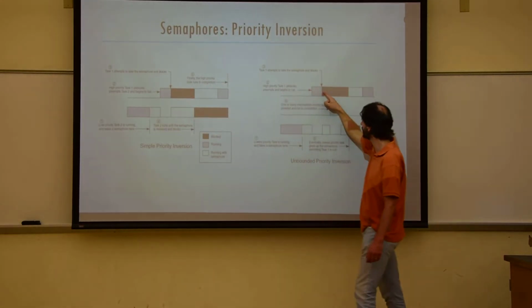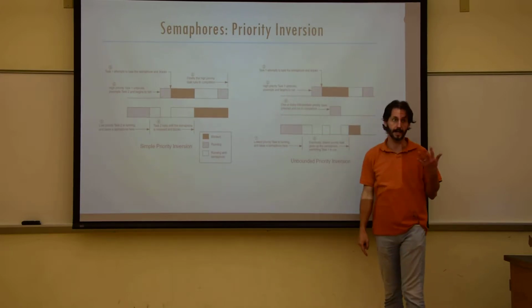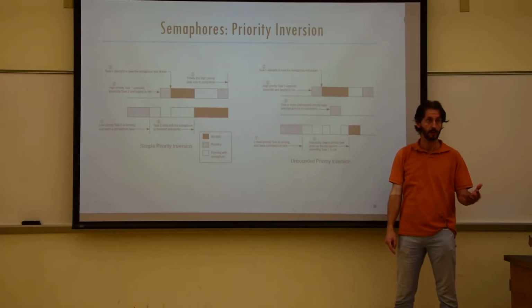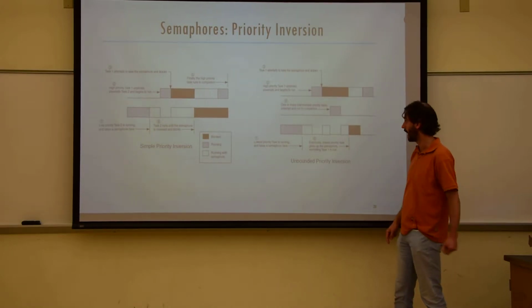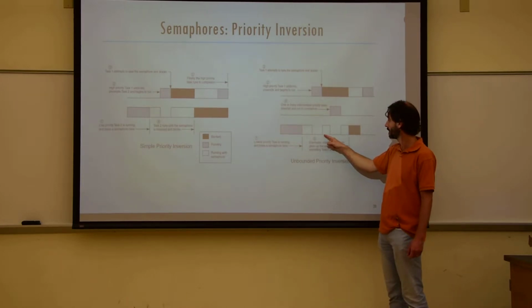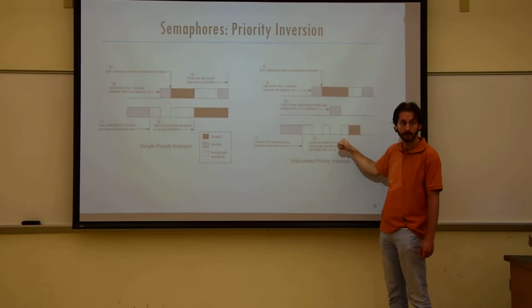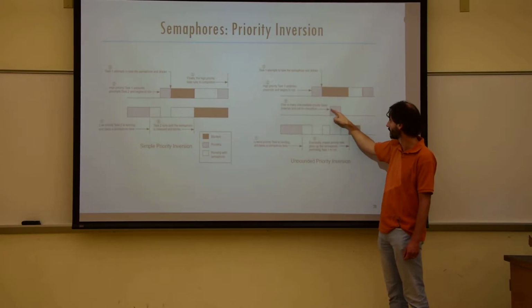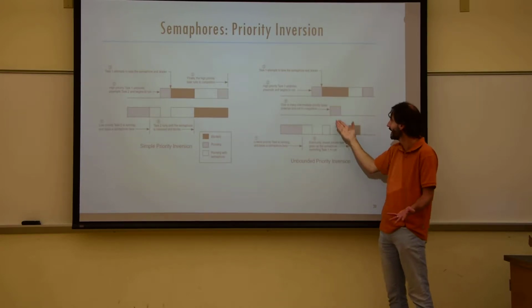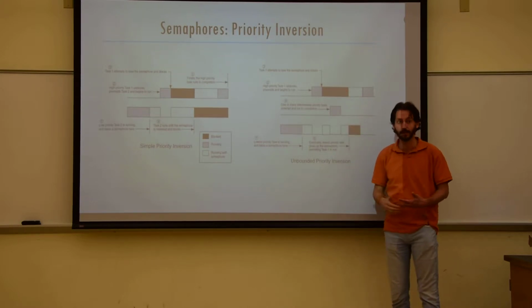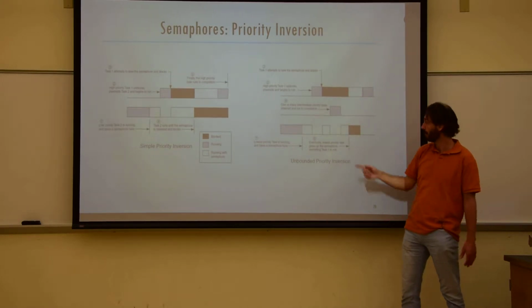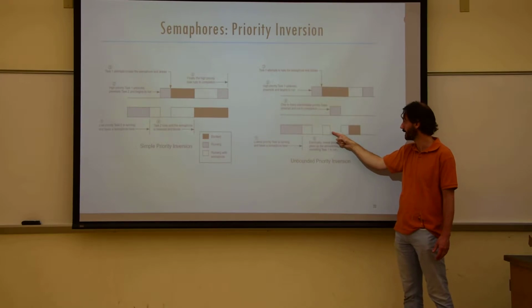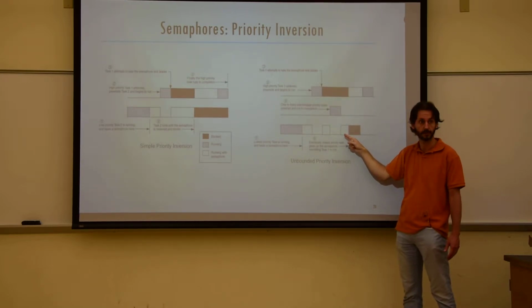It starts computing and then it wants to get that resource, but it doesn't get any access to it, so it's blocked. So it's context switched out, and this low priority task starts executing. And then some medium task is kicking this task out and starts executing, which means that this high priority task has to wait even longer for this lower priority task to finish unlocking that resource.